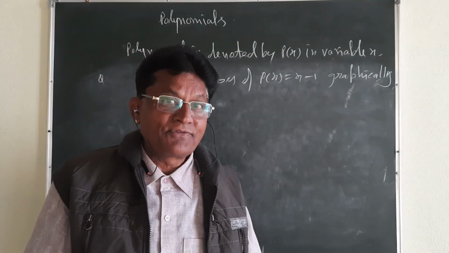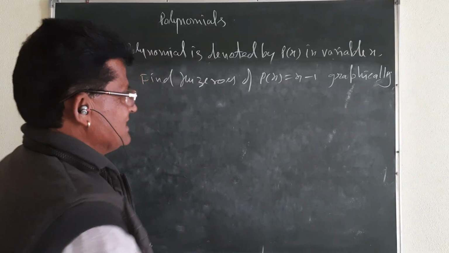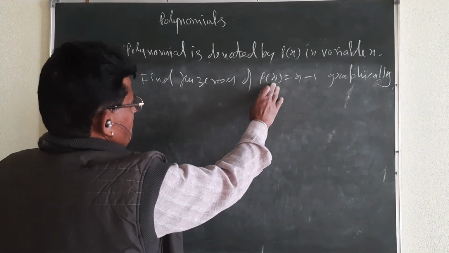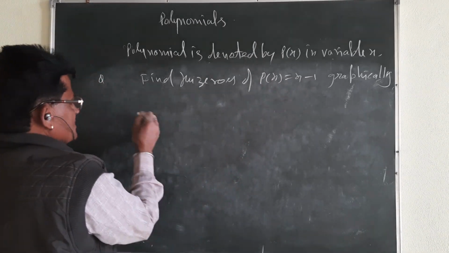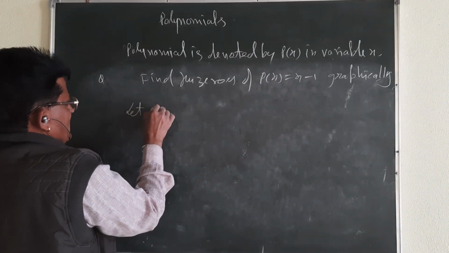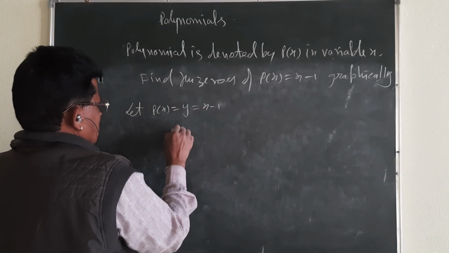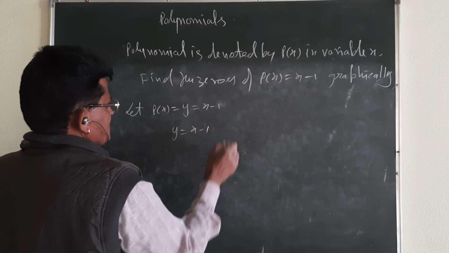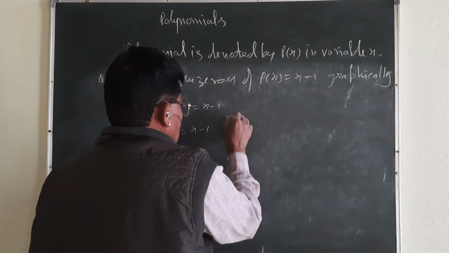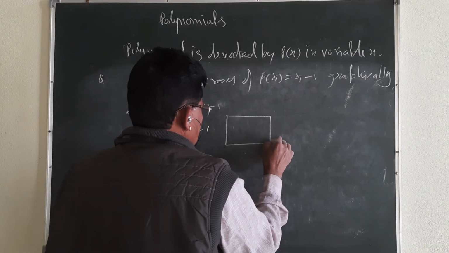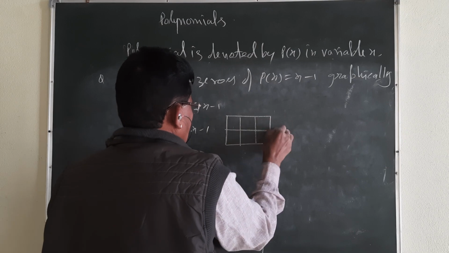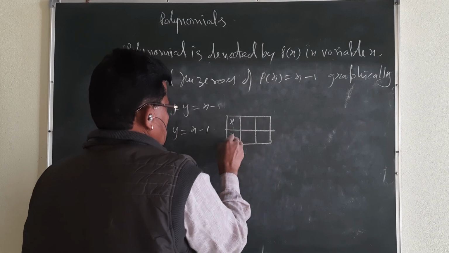Weapon means definitions and formulas. Okay? In place of P(x) write y. Let P(x) is equal to y is equal to x minus 1. That means you got the equation. And while you are going to draw the graph, you must know the table.